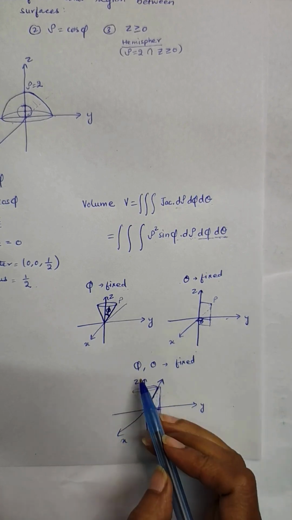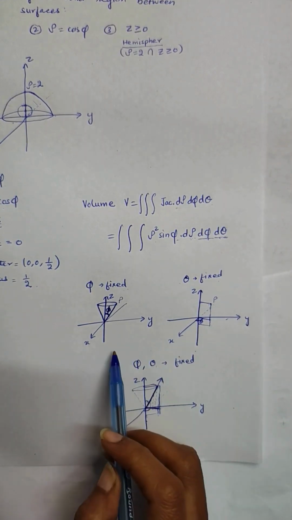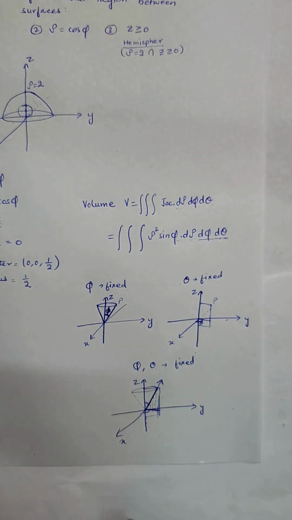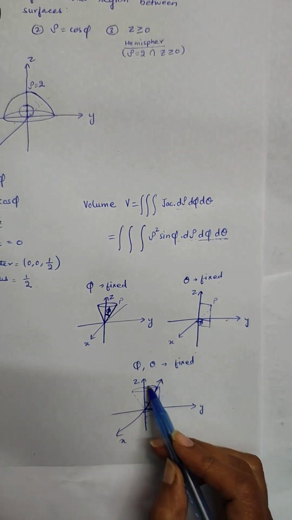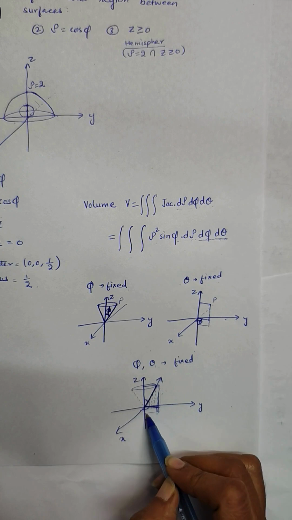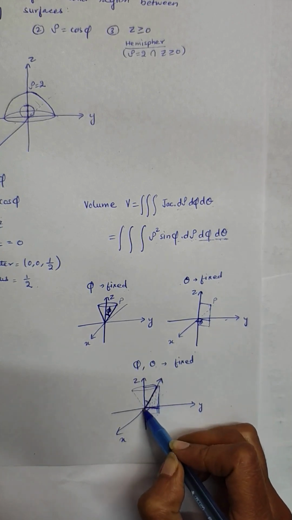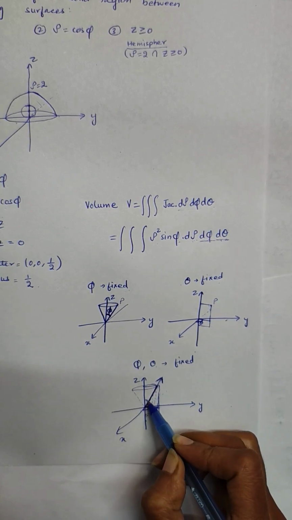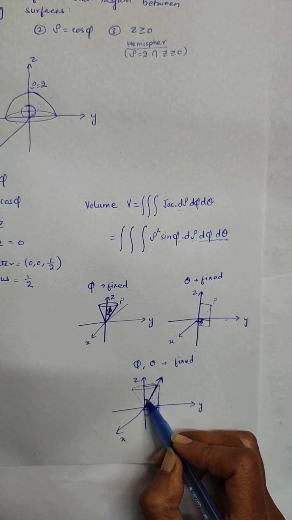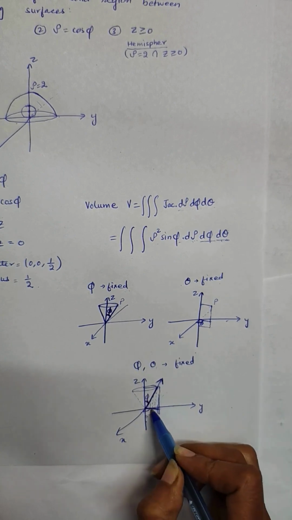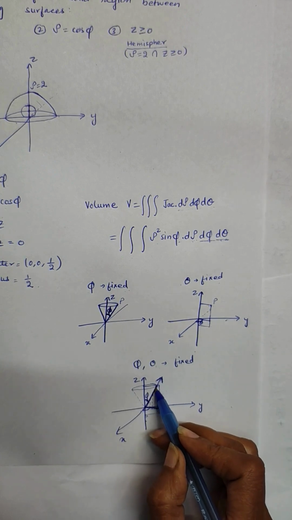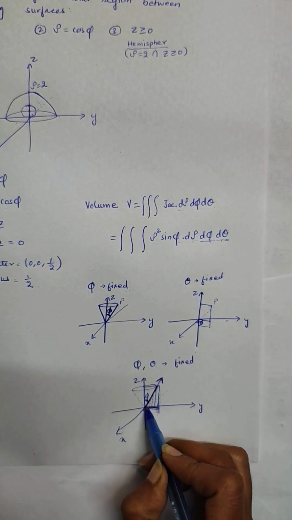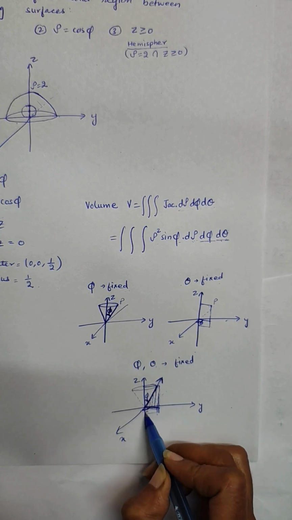Okay, when we fix both phi and theta, that means we have to consider the intersection of this hollow cone with this plane. So let's see what happens. The intersection of this cone and this plane is this ray. So along this ray, phi, the angle this ray makes with the z-axis, is fixed, and the angle that the projection of every point on this plane makes with the x-axis is also fixed.